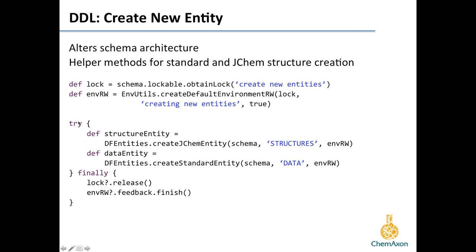And down in our try finally block, we're simply going to say our new structure entity is a create JChem entity at the schema level, call it structures in this environment. Now we're going to create a standard entity at the schema, call it data in this environment. So we've got create standard entity and create JChem entity. Pretty straightforward. Then release the lock.